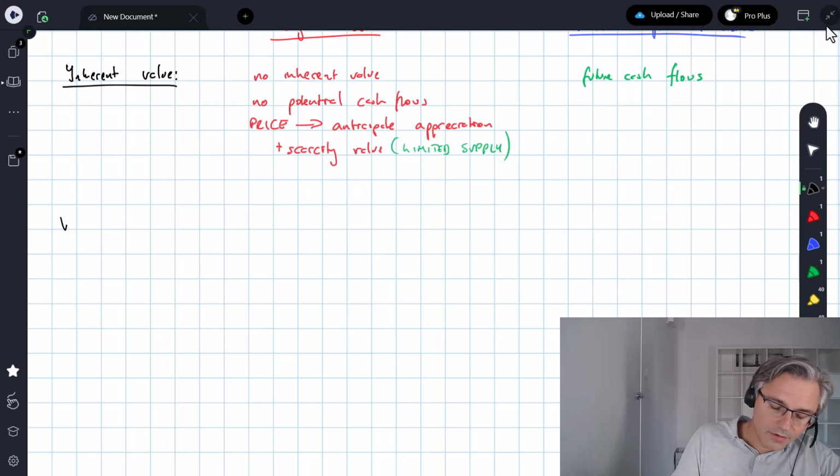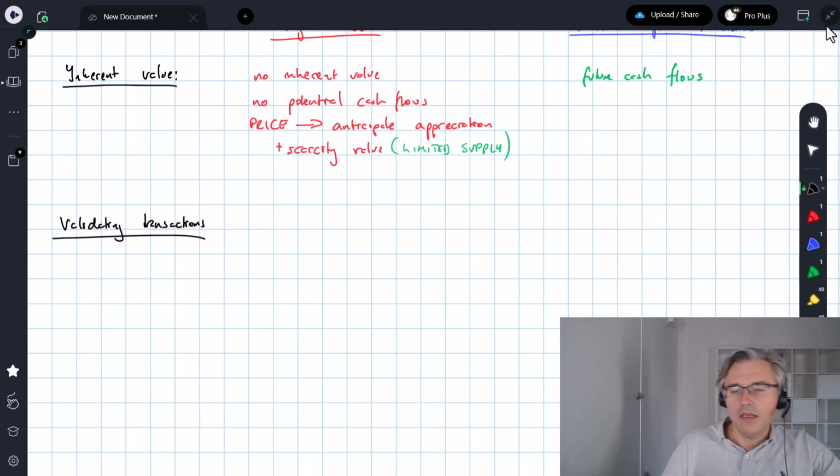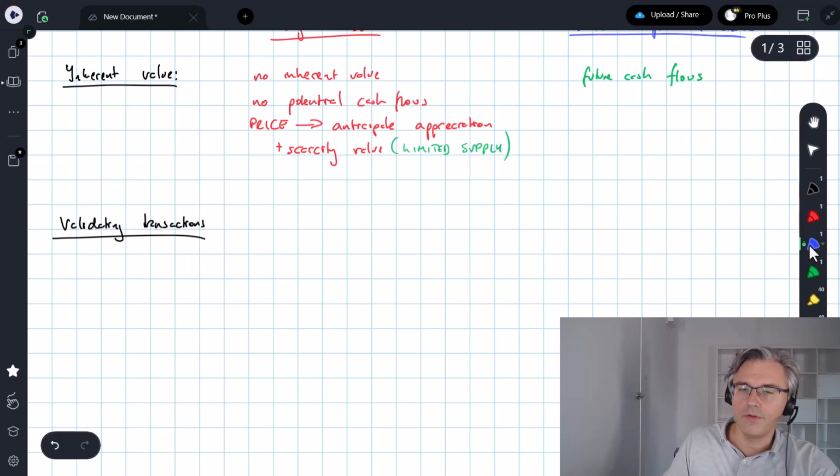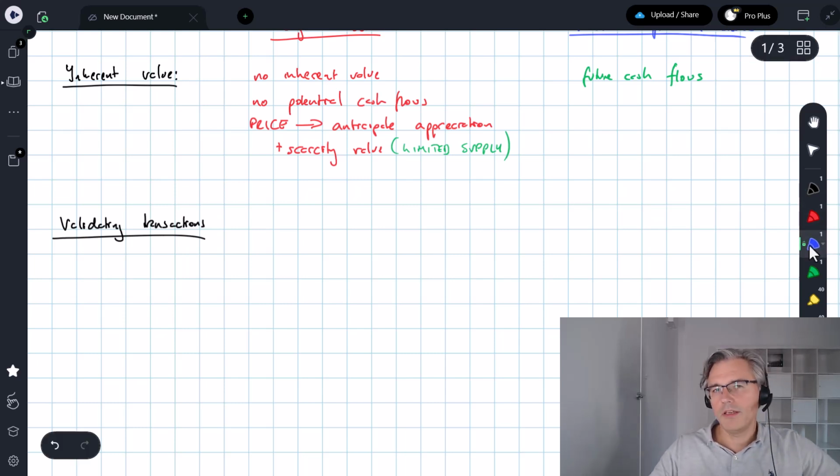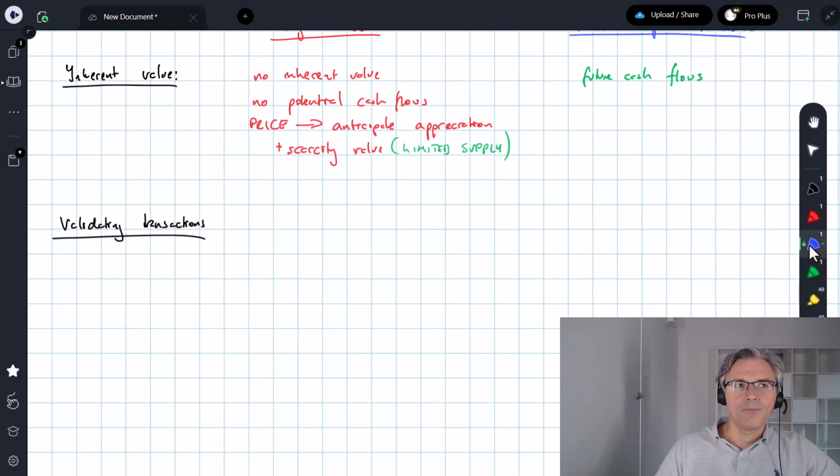The second one is validating transactions. How do we validate the transactions that happen in these assets? Well, for traditional assets like stocks and bonds, there is typically a centralized record or a centralized ledger kept in a private institution.